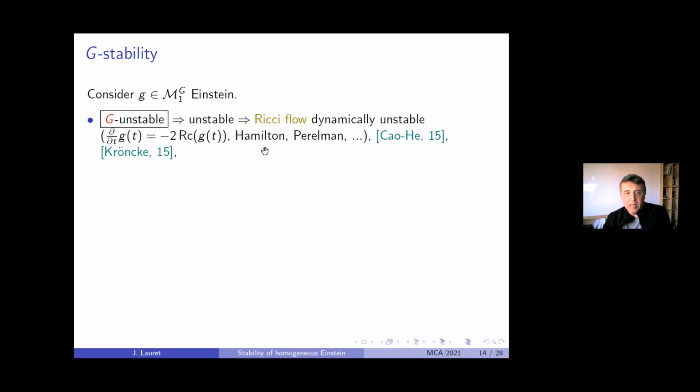As I say, introduced by Hamilton, studied and used by Perelman to prove Poincaré and uniformization conjecture. And so this instability means that there are metrics as close as you want from G, such that if you run the Ricci flow, they go away.